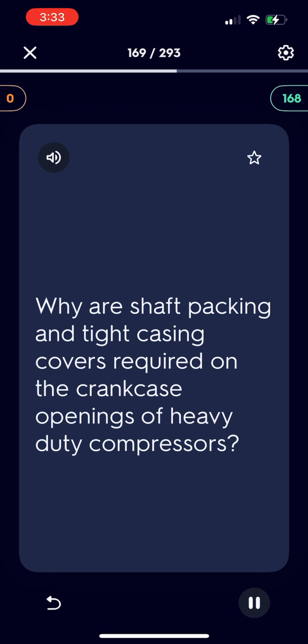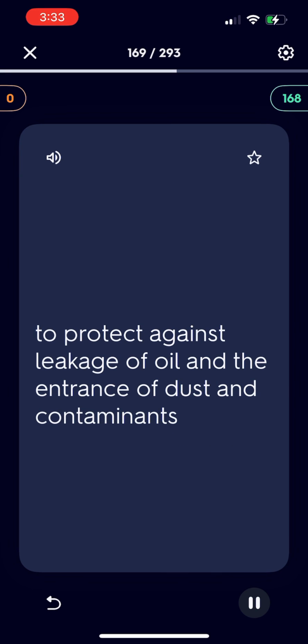Why are shaft packing and tight casing covers required on the crankcase openings of heavy-duty compressors? To protect against leakage of oil and the entrance of dust and contaminants.